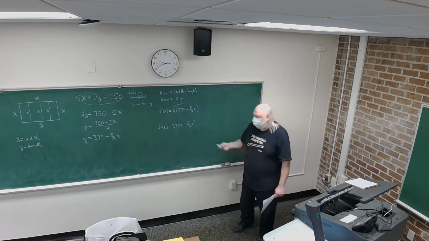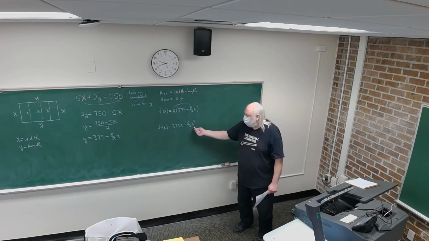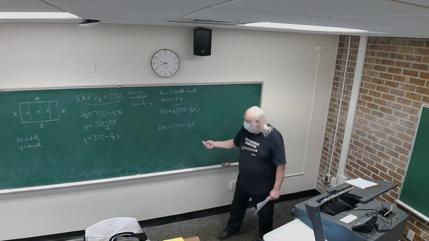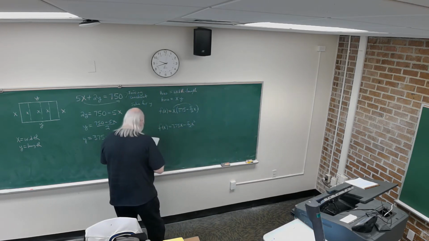What kind of a function is this? Yeah, it's a quadratic function, right? And its graph is a parabola. Okay. So to maximize the area, well, let's just notice something here about the coefficients in this quadratic function.